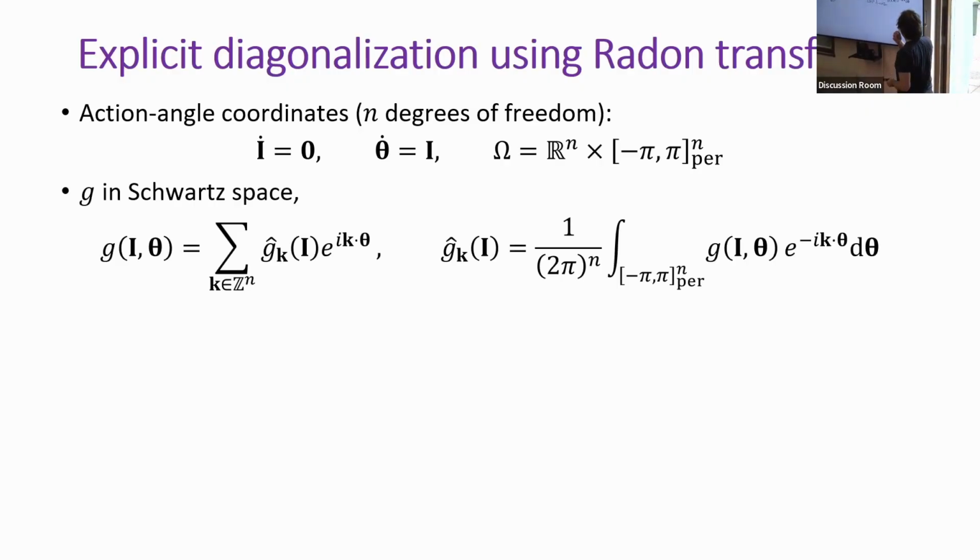It turns out that you can take your test functions, G inside a Schwartz space, written down in terms of Fourier coefficients in terms of I, and then you've got these angle parameters here. So you're Fourier transforming in the action variable, and then you're looking at these angles.